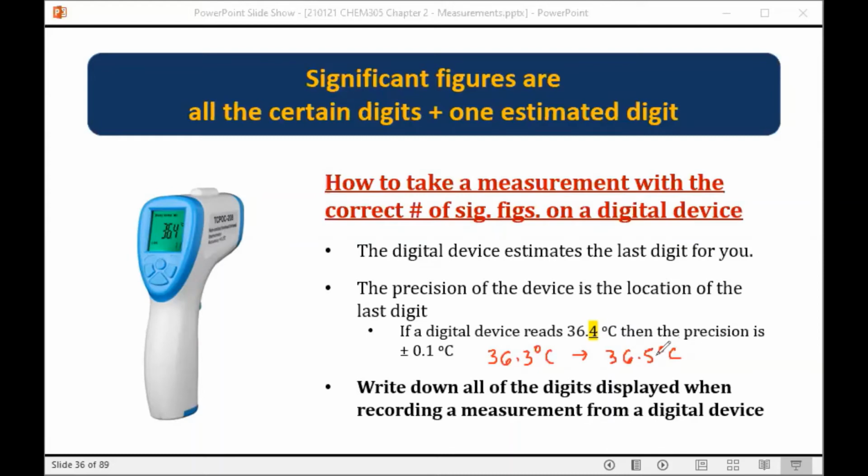We took our measurement at 36.4, but we know this last digit is estimated, and it's expected that a reasonable amount of error would be plus or minus 1 from our estimated value, so the range of the temperature is actually 36.3 to 36.5. With a digital device, it's doing the estimating for you, so you just write down every single digit that's displayed on the device. Whatever the last digit is, that's your estimated value.